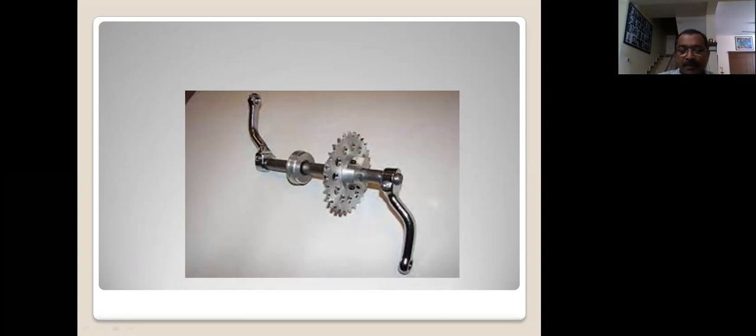Our leg is connected to this crankshaft, making a to and fro motion, and this crankshaft converts that to and fro motion to a rotary motion. So this is the very basic unit of a crankshaft.